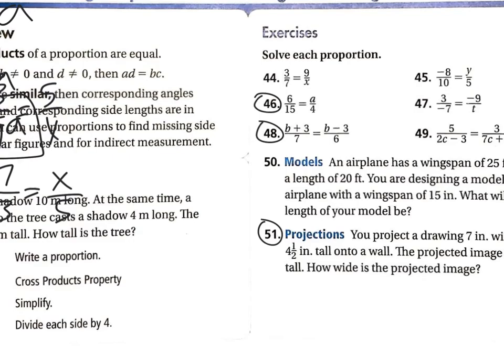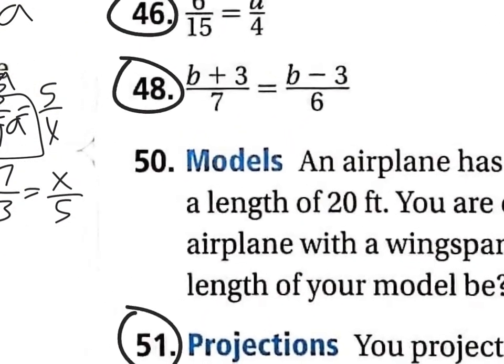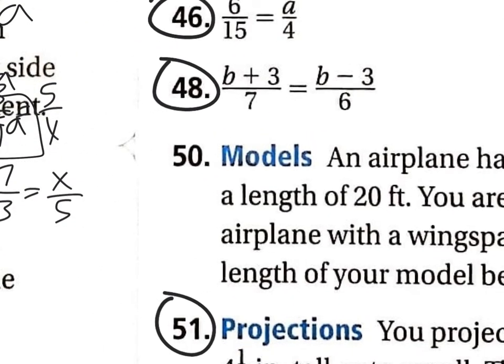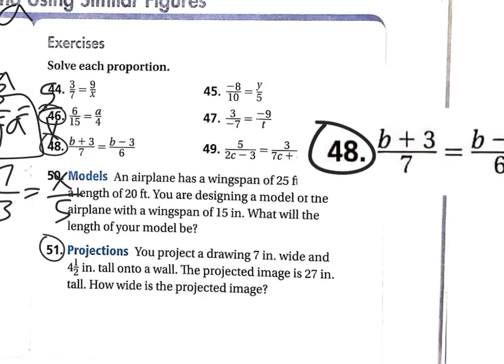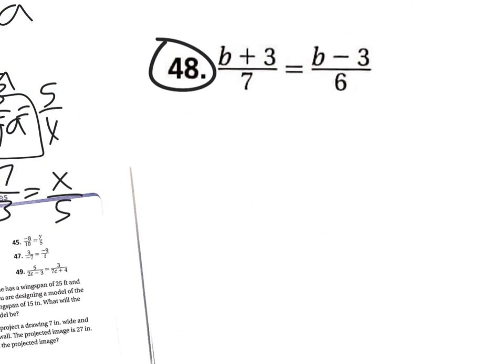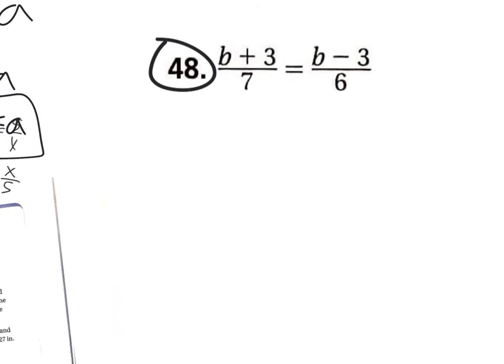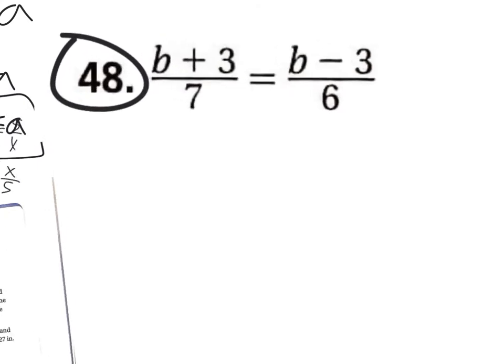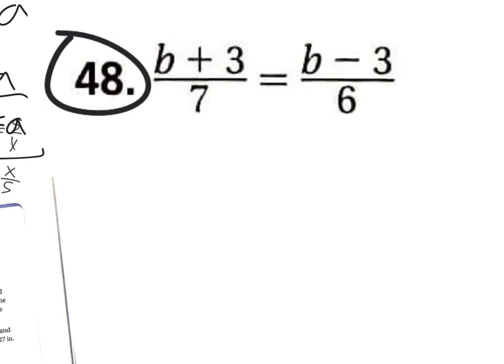So next, we'll look at number 48. What's different on 48 is that we have 2 variables. We have the same letter, but it's in 2 different places in the problem. So on a problem like this, it is best probably just to cross multiply.